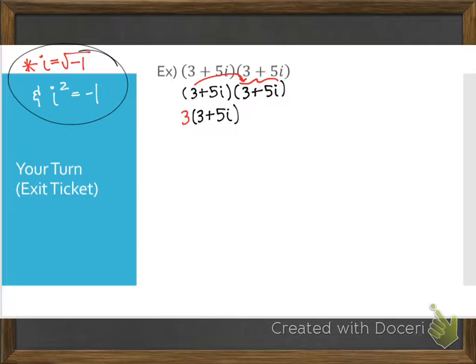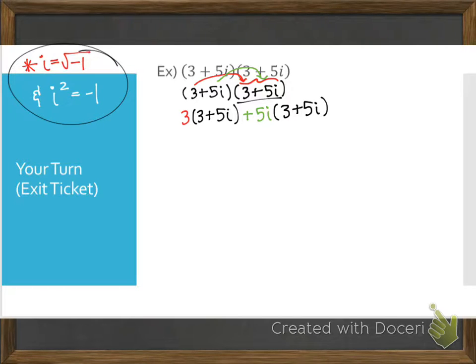And then we're also going to multiply this 5i times the entire thing there, so plus 5i multiplied by the other part, 3 plus 5i. All right.